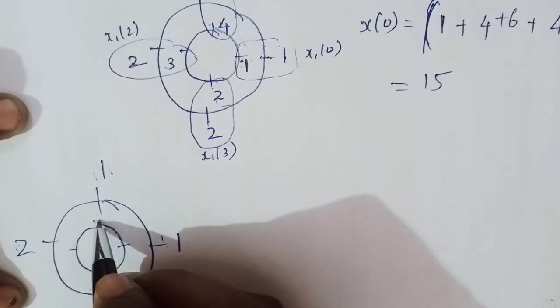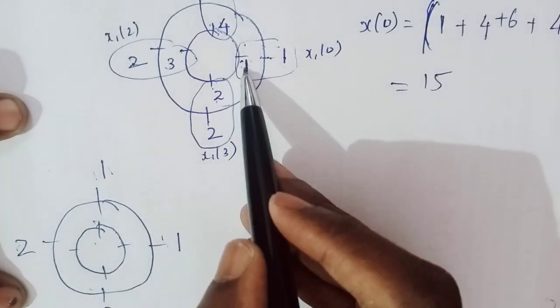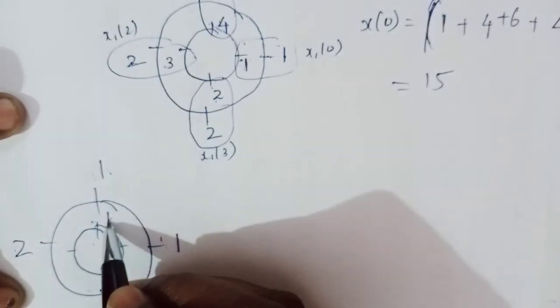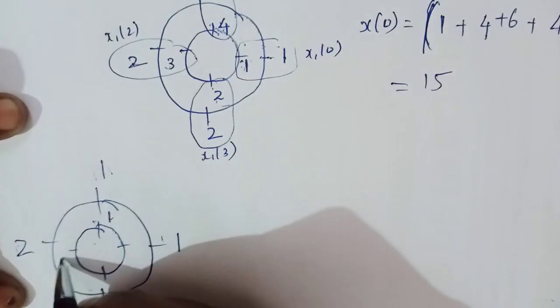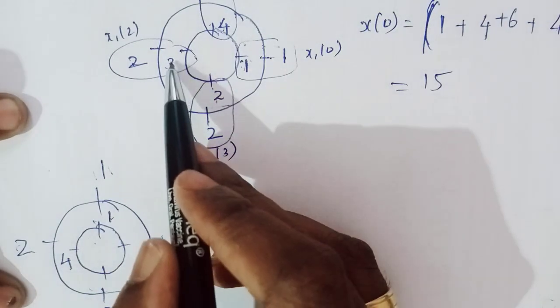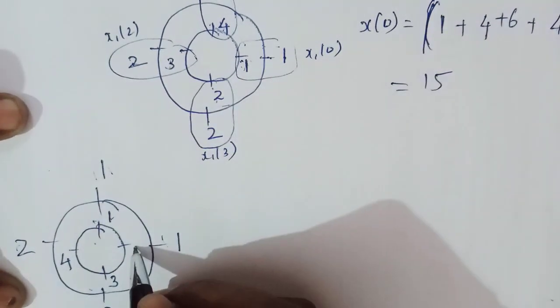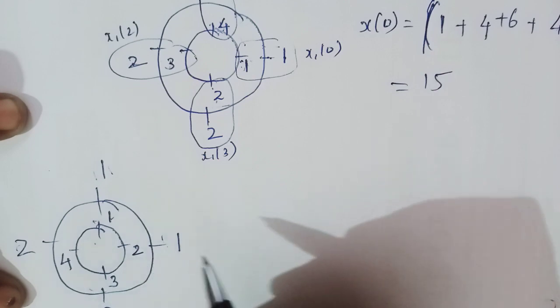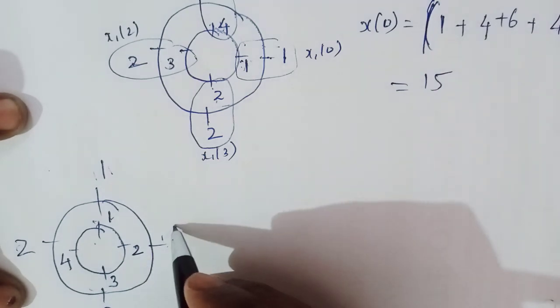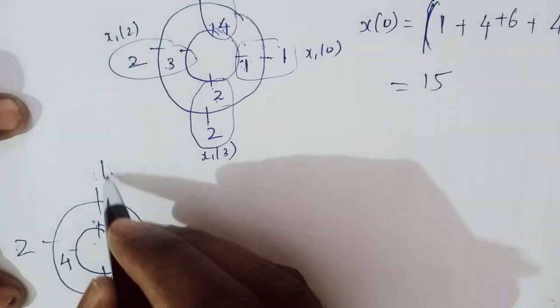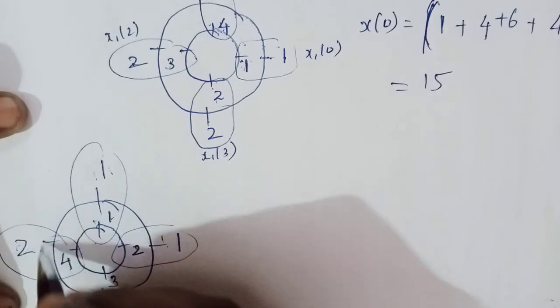As I make the shift, the 1 is going to come here, the 4 comes to this location, the 3 is shifted here, and this 2 is shifted here. Now I'm going to do the same thing: multiply the co-located pairs and add them.